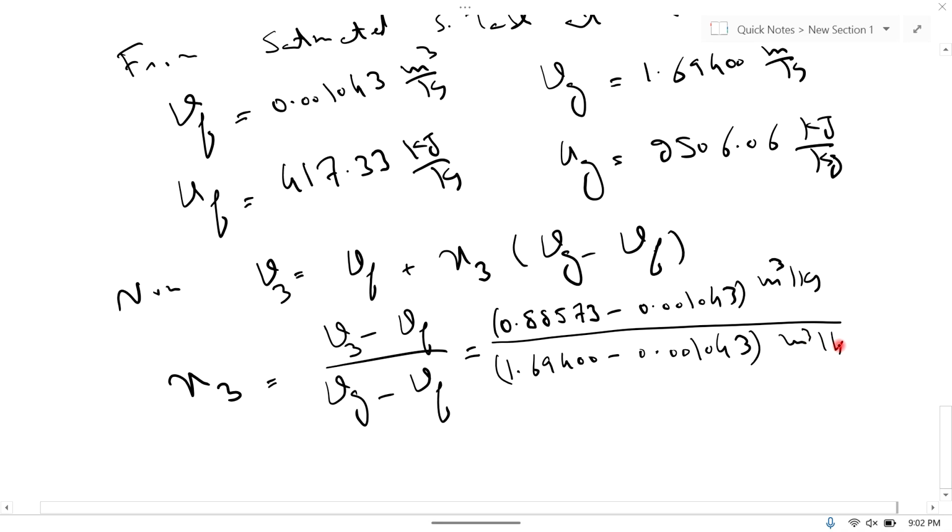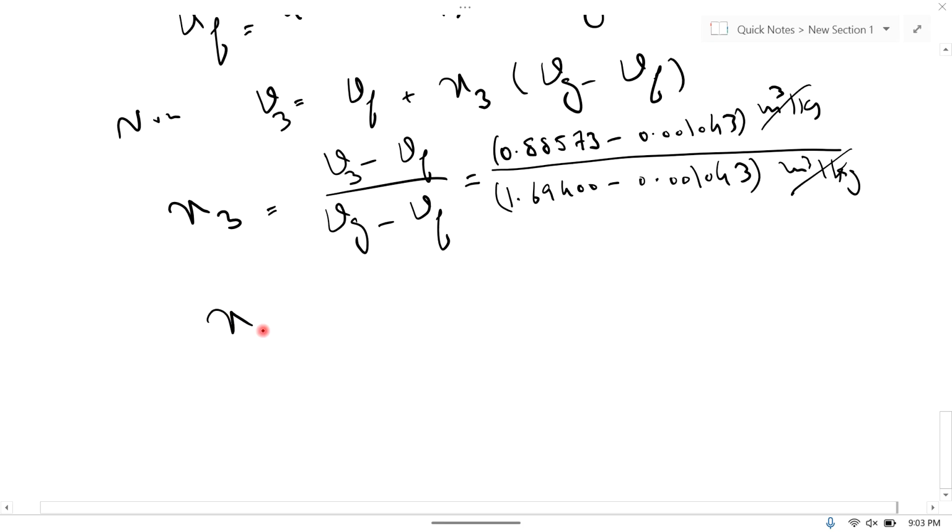The meter cube per kg cancels, and x3 is equal to 0.522569. x3 is unitless.